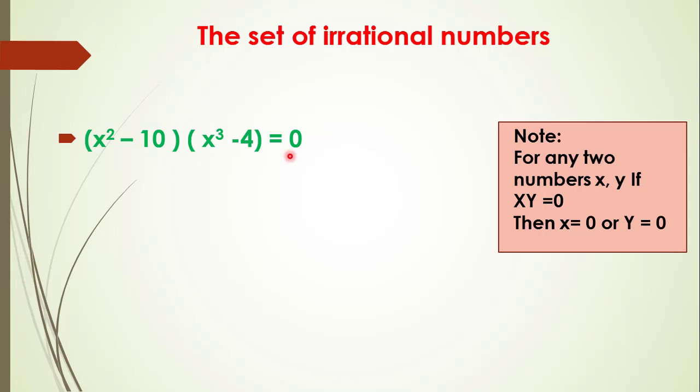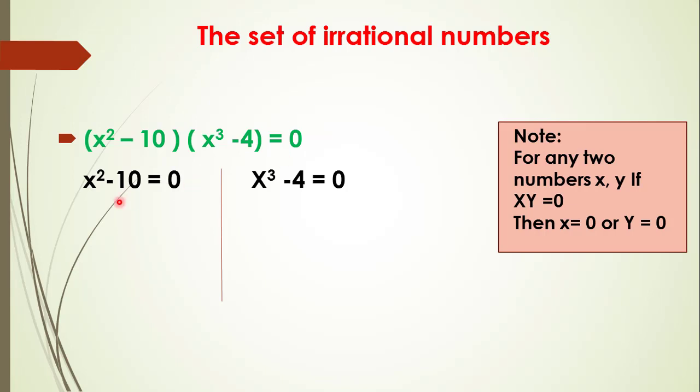Look at the note here. For any two numbers x and y, if x times y equals 0, it means either x equals 0 or y equals 0. So that's what we will have. I will divide this equation into two equations. x power 2 minus 10 equals 0, or x power 3 minus 4 equals 0. The first one, x power 2 minus 10 equals 0. The second one, x power 3 minus 4 equals 0.